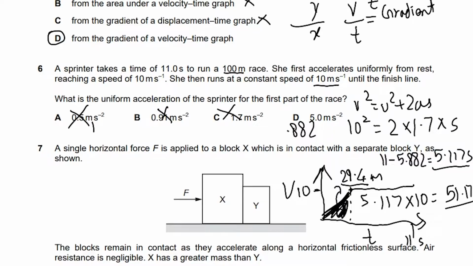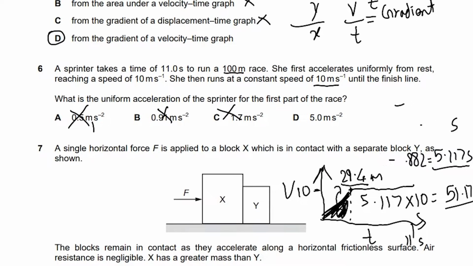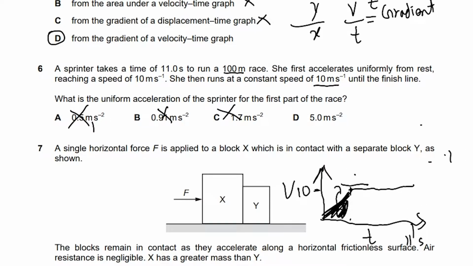Let's prove mathematically. Let's check if D is the answer. The acceleration is 5 meters per second squared, and 10 meters per second is the change in velocity. The time she takes is 2 seconds, so 2 seconds for this part, and 11 minus 2, so 9 seconds for the remaining part.